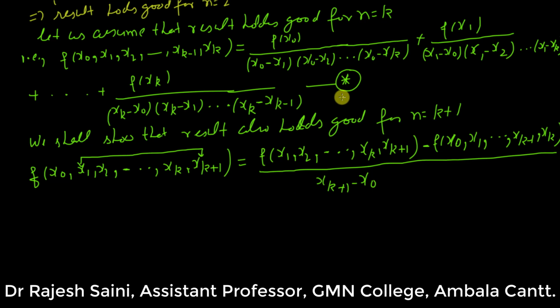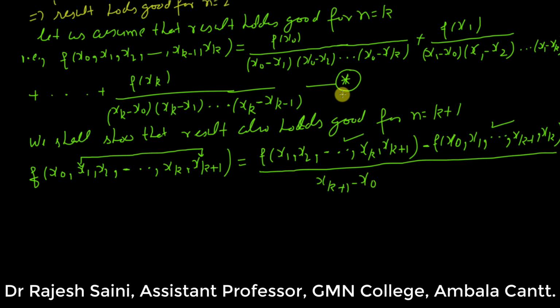Now using the star equation, the kth order divided difference can be written as a sum of these quantities. So this is kth order, this is also kth order. So this result can be written for both of these two.